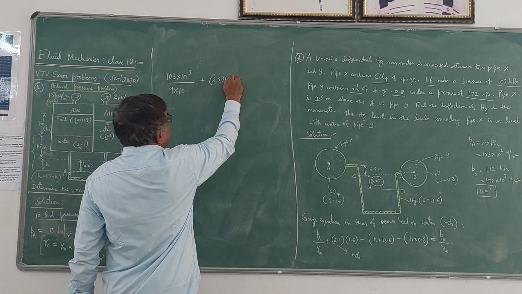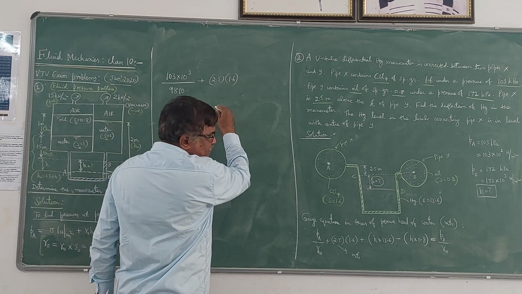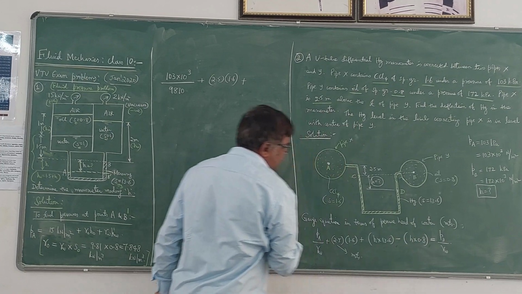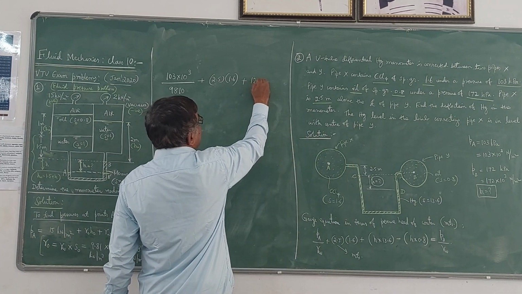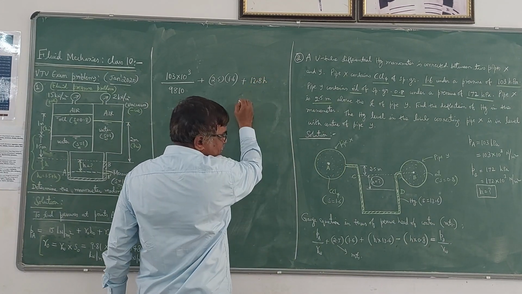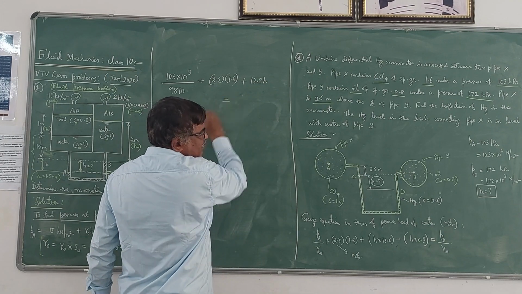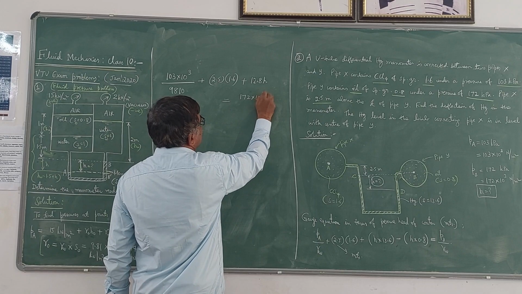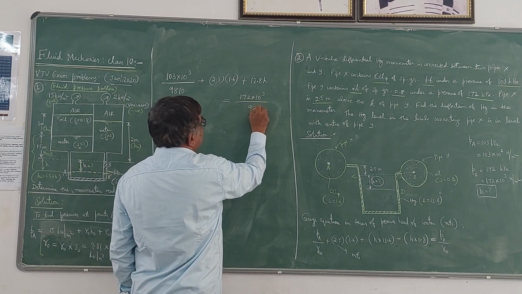Then plus 13.6 H minus 0.8 H means it becomes 12.8 H. This will be equal to 172 into 10 power 3 divided by 9810.